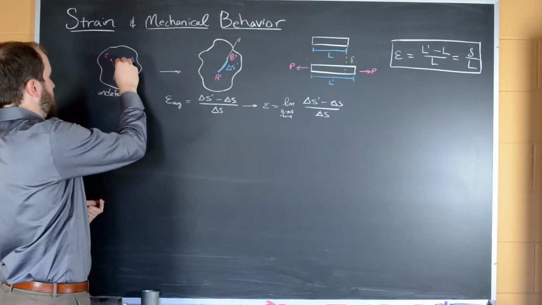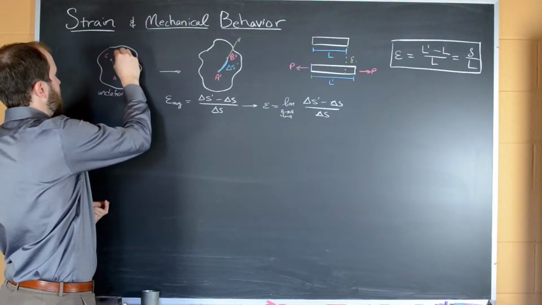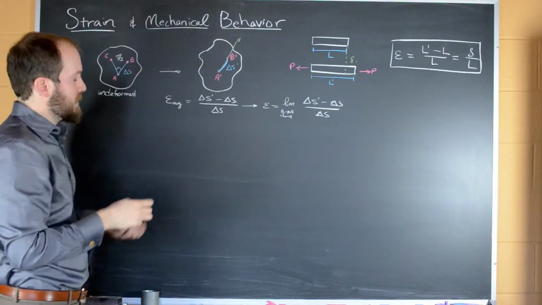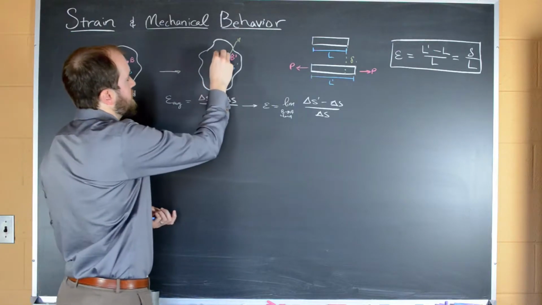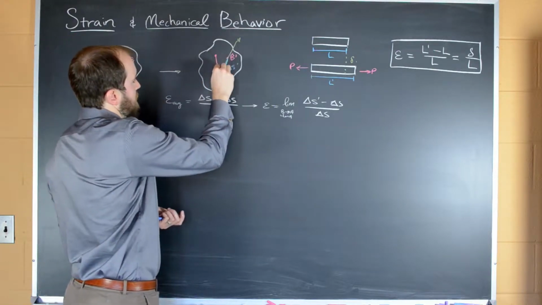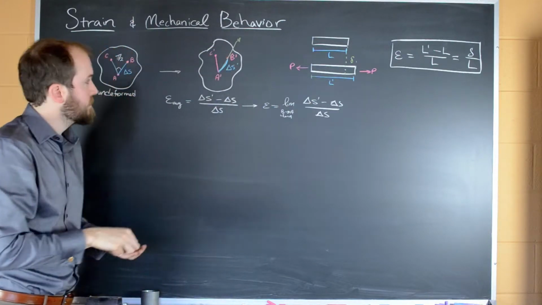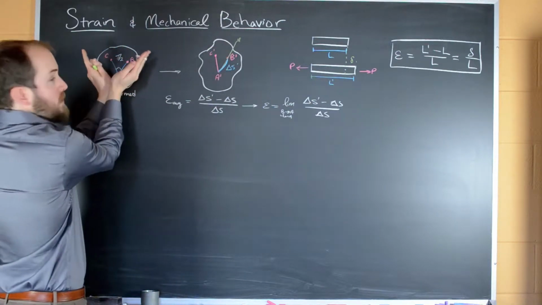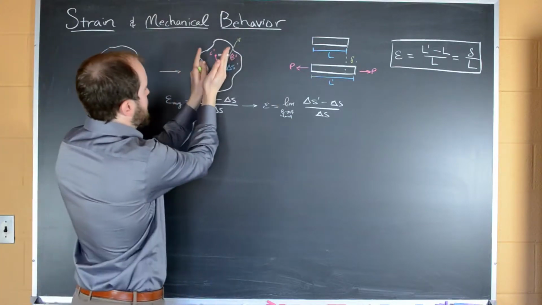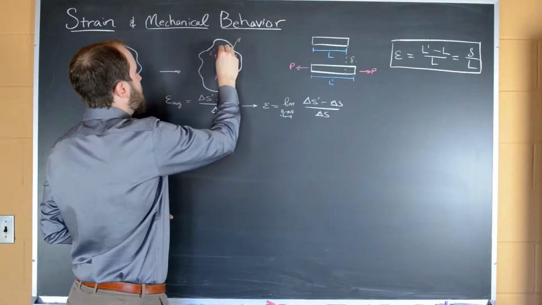And so if this was a right angle, we'd say that this angle initially started out as pi over 2, and we deformed it in some way. So we got to a new C prime.